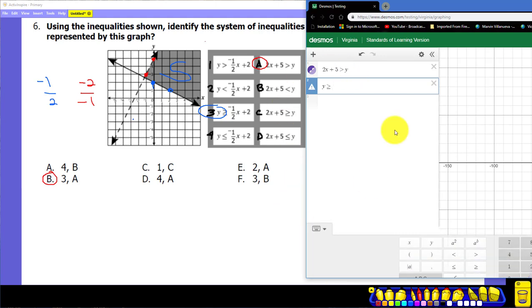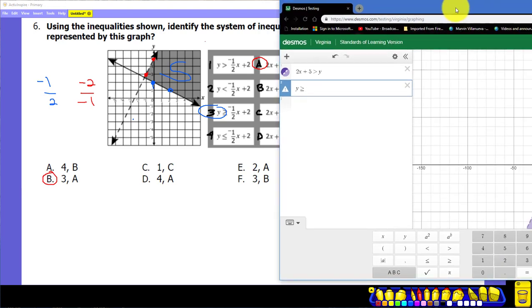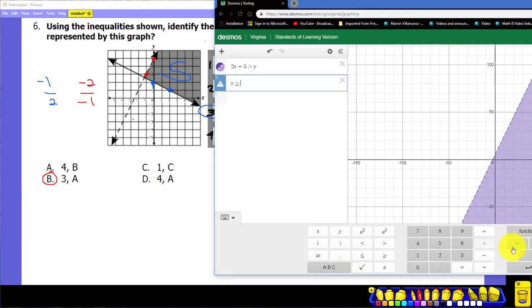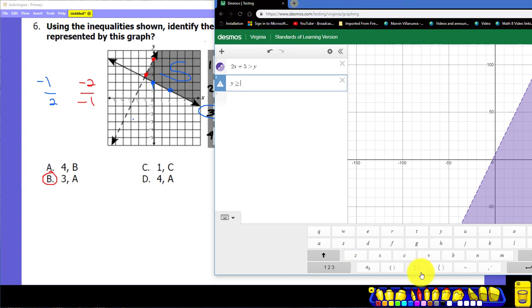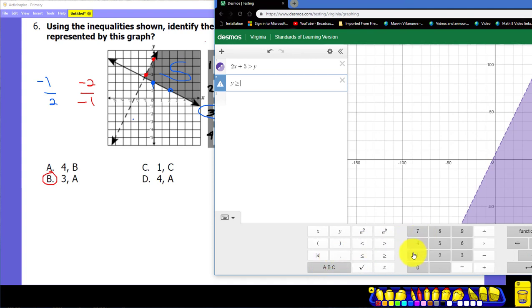Where's my negative? I can't find my negative symbol. Okay, just use this one.